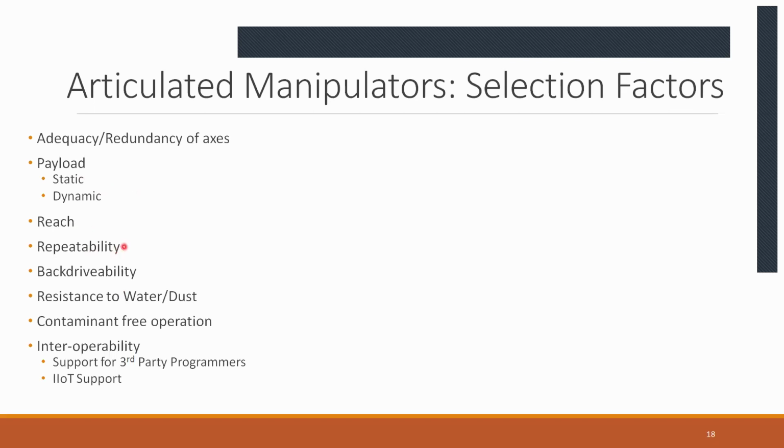And then we come to the factor called repeatability. And I hope you remember what repeatability is from your sensors and actuators module. And if not, then let's watch another video and see a demonstration of robot repeatability.